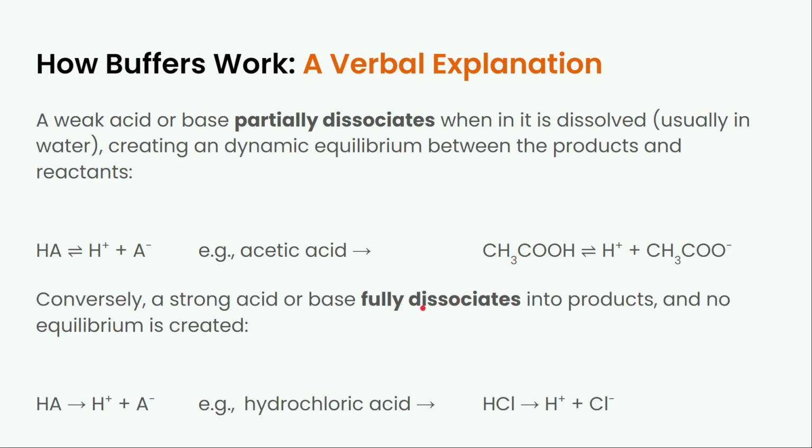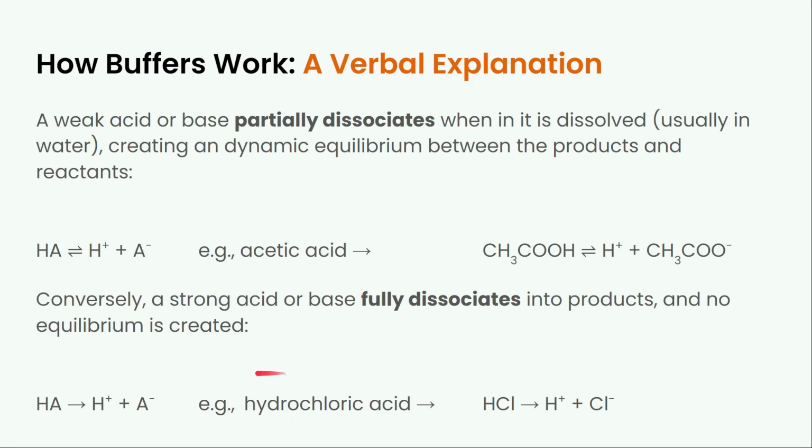Conversely, a strong acid or base fully dissociates into products and there's no equilibrium. Again, we can express that generally. HA fully dissociates into protons and the conjugate base, A minus. The double-headed arrow indicates that this reaction goes to completion and there's no dynamic equilibrium established.